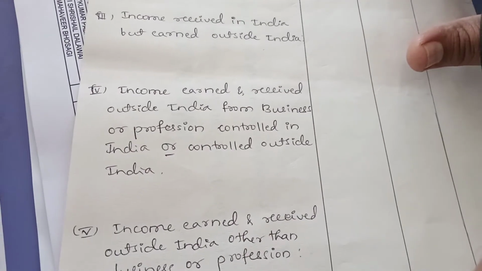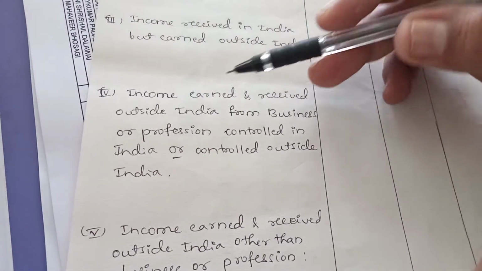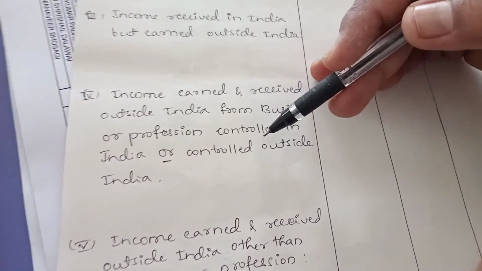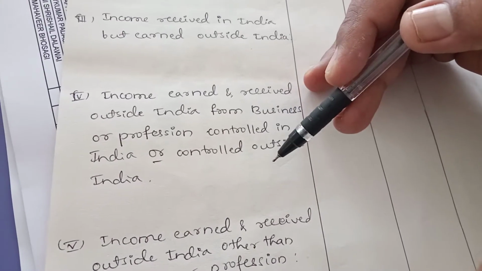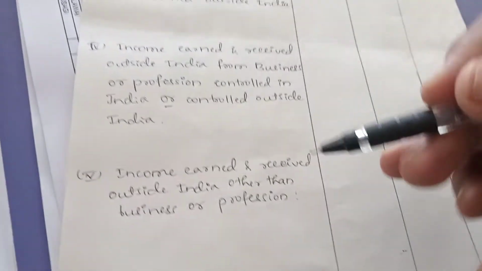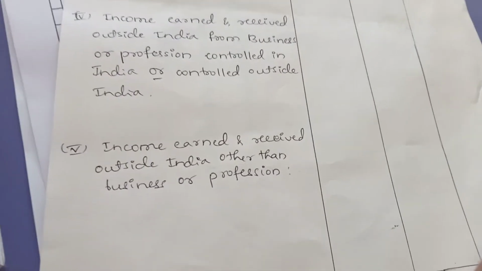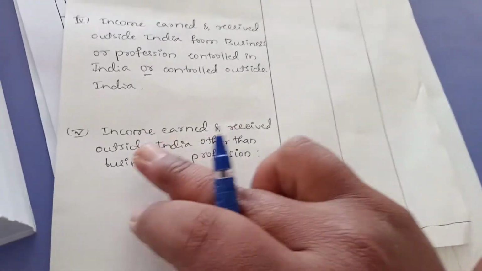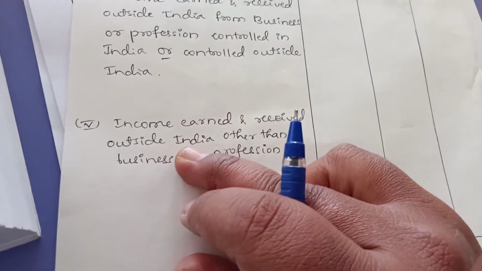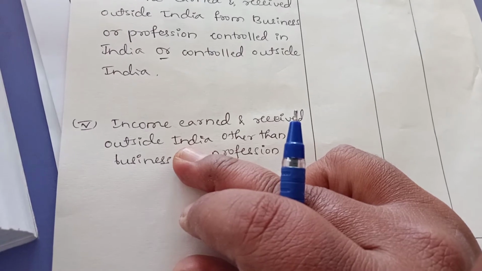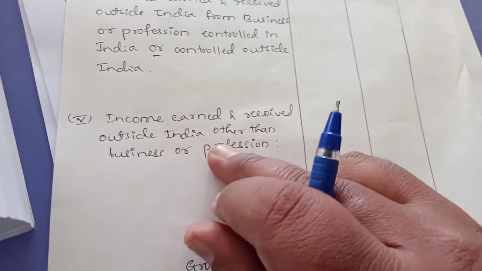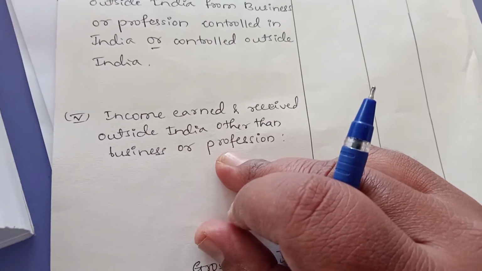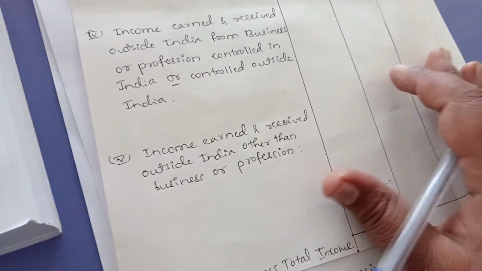If both earned and received are outside India we can apply that head, but whether it is controlled in India or outside India, the information is silent. But the last head is income earned and received outside India other than business and profession. Income from let out property situated outside India is earned outside India only, and it is neither business nor profession. That is why I am going to show that item there.